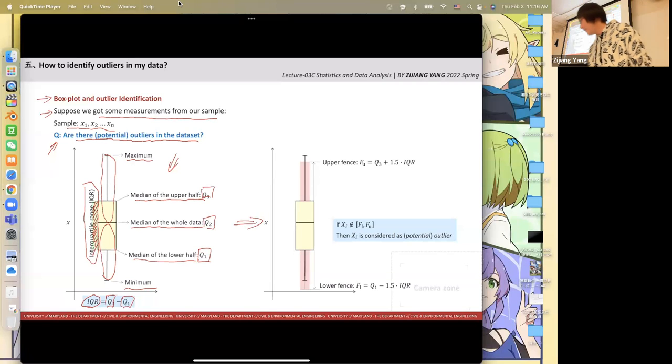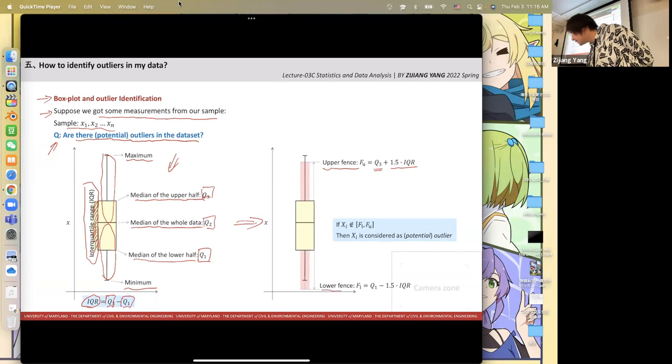First, we can calculate the upper fence, which is FU, where U refers to upper. It equals Q3, which we already know, plus 1.5 times IQR. IQR we have already calculated, so it can be computed.